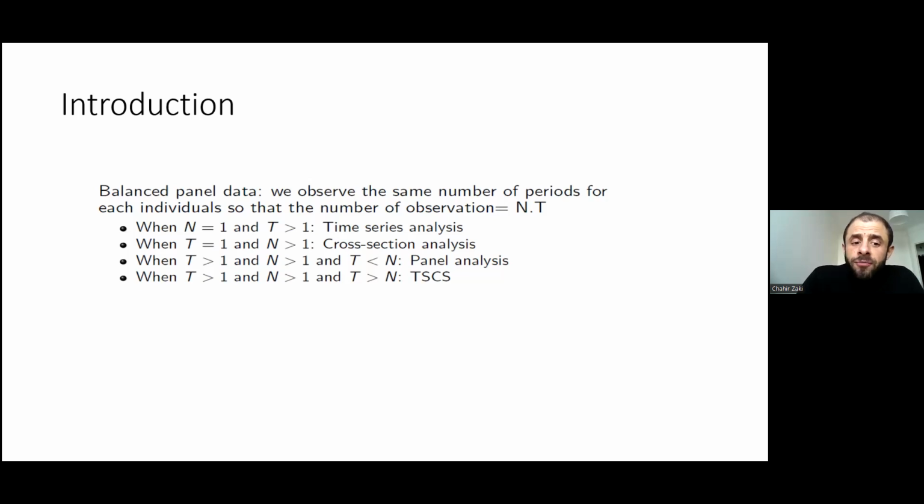But if we have more than an individual and more than a year, so in this case T is greater than one, N is greater than one, but the time dimension is greater than the individual dimension, which means that, let's say we have 20 countries or 30 countries, and for each country 60 years. In this case, the number of years is greater than the number of countries, and the time series properties of the countries matter.